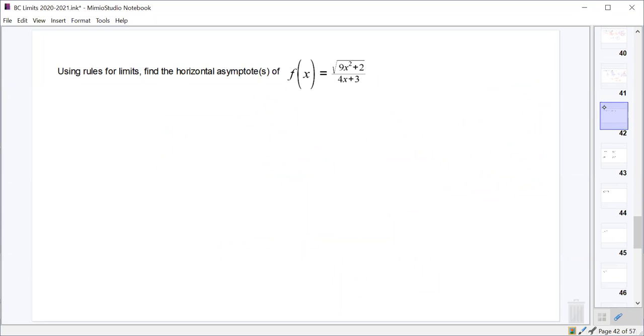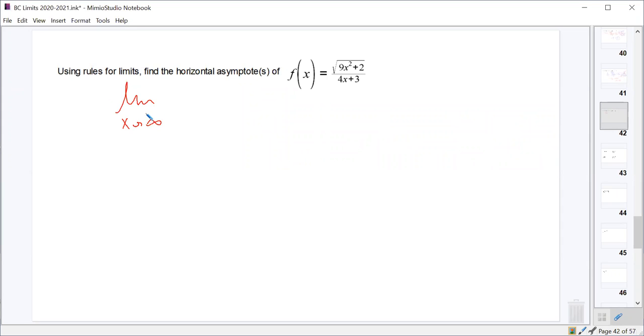Okay. Let's think about this one here for a minute. Root 9x squared plus 2 over 4x plus 3. As we go towards infinity, what happens to 9x squared plus 2? Does that 2 matter much at all?